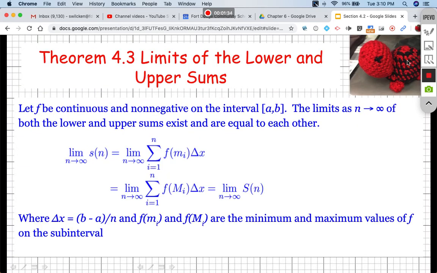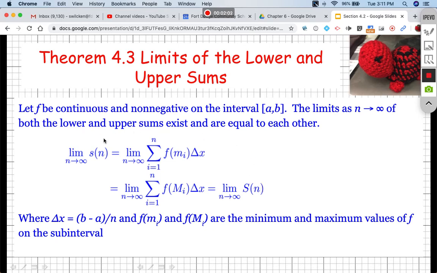So where can we go from here? Get another theorem. Again, we saw that with that other example. We're looking at the sandwich theorem here. The more rectangles we have, the bigger n gets, the closer and closer the lower limit and the upper limit are going to be to what our actual value should be.